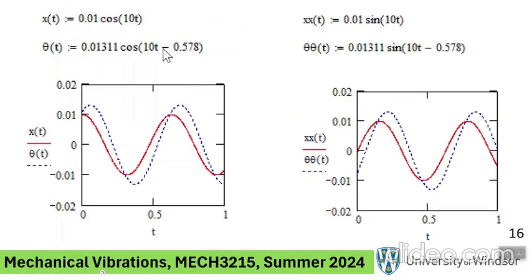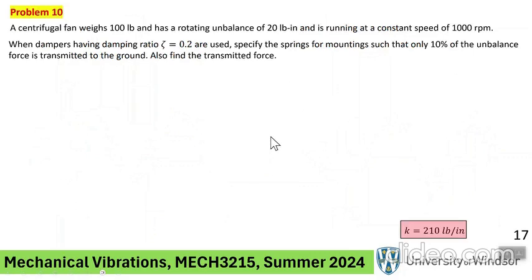Now, if all you do is replace that theta in the expression with sine, you're going to get essentially the same curve, because for steady state response, you can see that they are producing the same thing. Now, of course, initially things will be different, but we're not interested in the initial disturbance. Okay. All right.